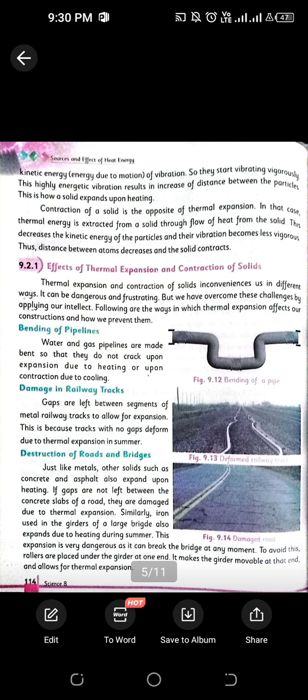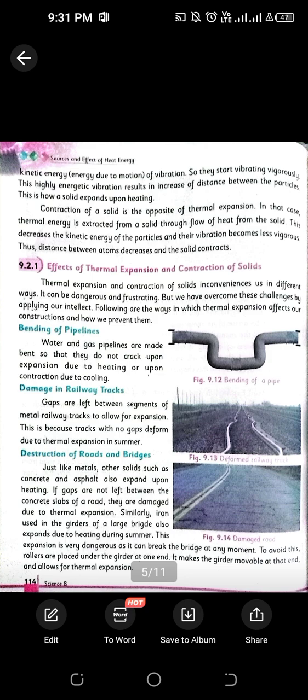Clear? If there are no gaps between the segments of the railway track, what will happen? The tracks will be deformed, the tracks will crack, the tracks will start damaging, and ultimately it will cause damage to the train, the railway, and ultimately damage to human life. Clear? Okay. The next topic is the destruction of roads and bridges.